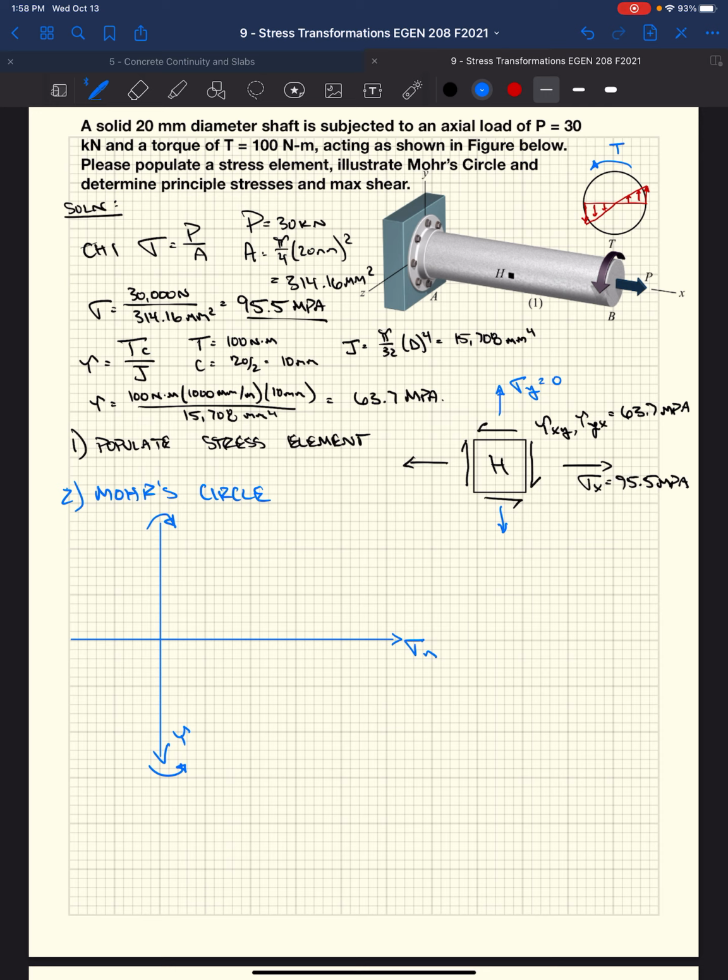So I'm going to say it's right here. This is going to be sigma x comma tau xy, which is 95.5 comma 63.7. That's the coordinate of the x face stress.